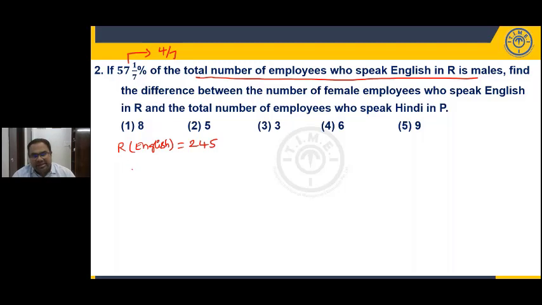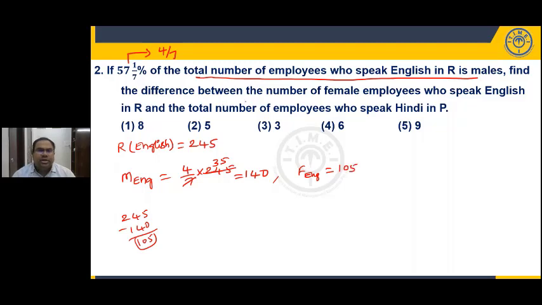So males English is 4/7 of 245. 7 3s 21, 7 5s 35, so 140. Now can I find out females who speak English? 245 total males and females who speak English, 140 are males. If I subtract 245 minus 140, it is 105. 105 are females who speak English.